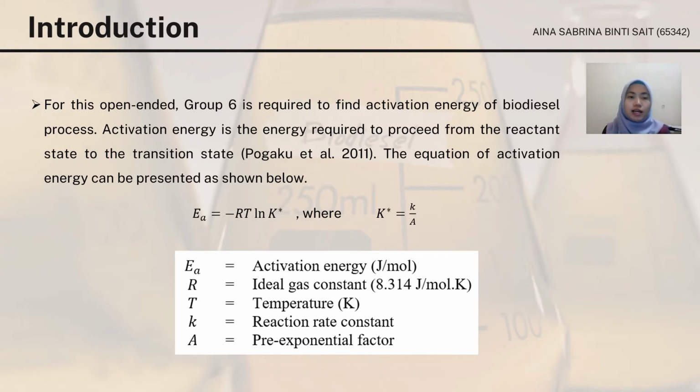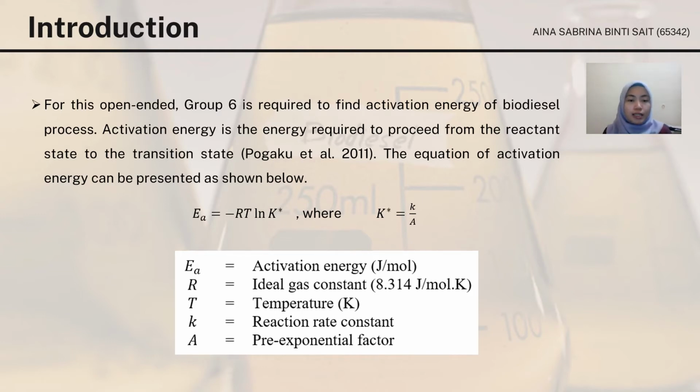Activation energy is the energy required to proceed from the reactant state to the transition state, according to Bogaku et al. 2011. The equation of activation energy can be presented as shown below. Activation energy equals negative RT ln k*, where k* equals small k over A. Activation energy has the unit of joule per mole.